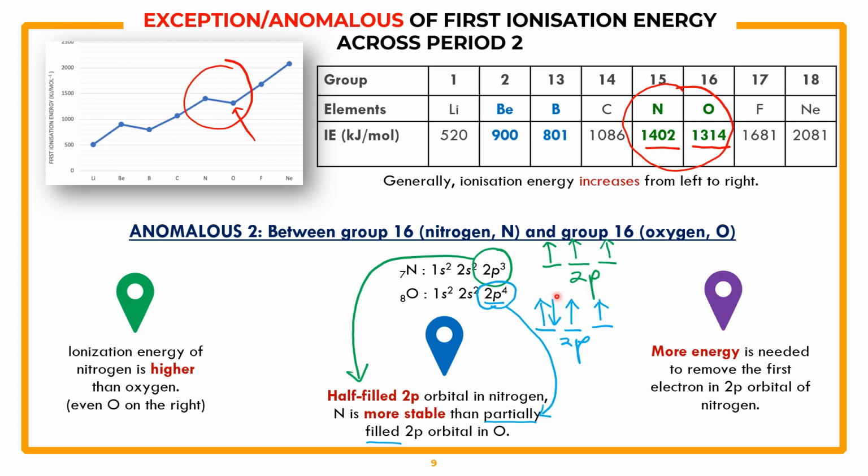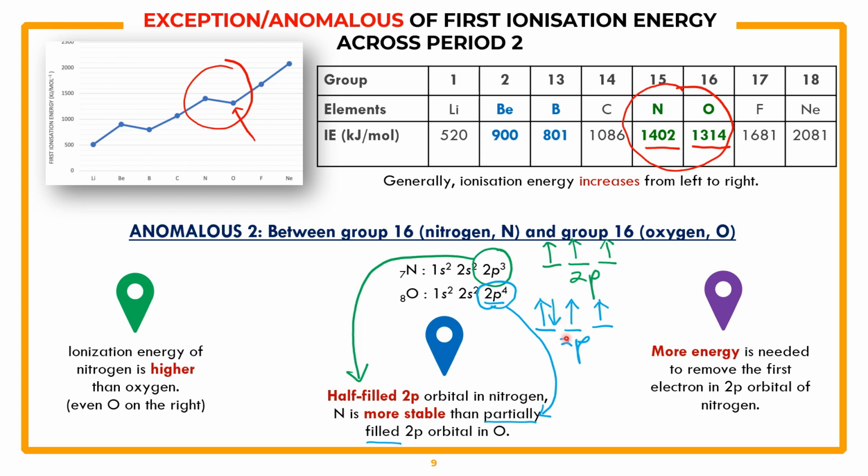So bila kita nak remove satu elektron daripada oksigen, kita tak buang di sini ya, kita kena buang daripada yang berpasangan ini dahulu. So to become O+, which is remove satu electron from the oxygen, you have to remove this electron. So the process of removing the first electron in oxygen is easier than in nitrogen.